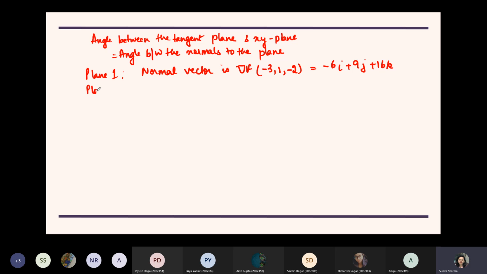And for the second plane, which is the xy plane, what is the normal vector given by? Can anyone tell? The normal vector to the xy plane is in which direction? Himani, any idea?